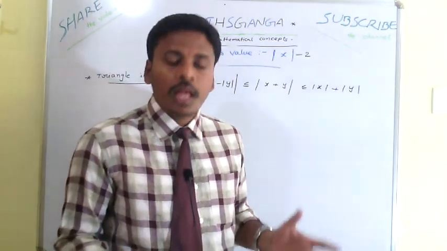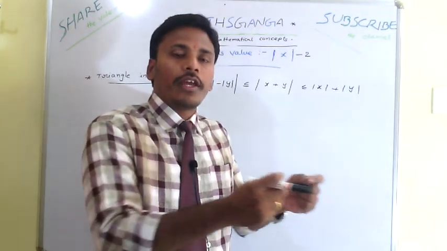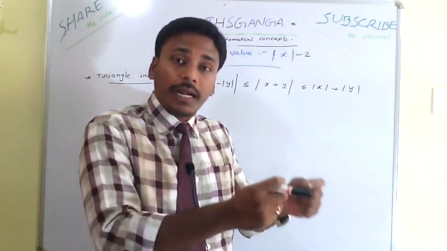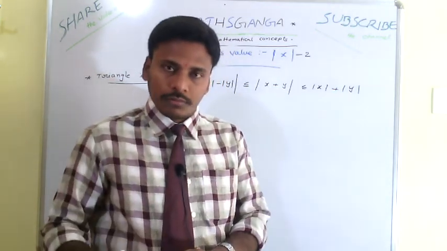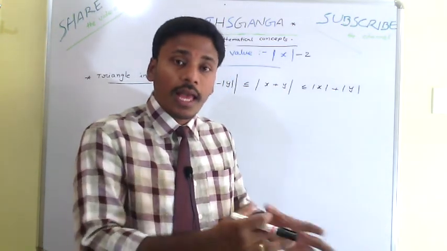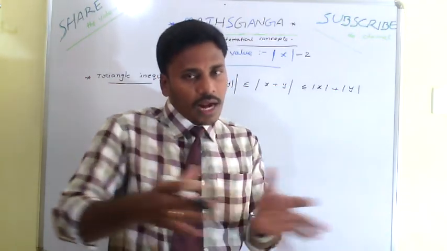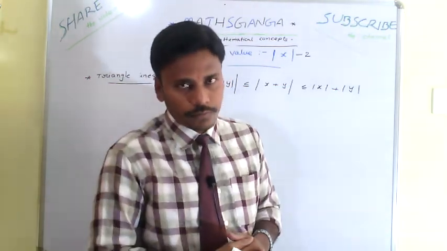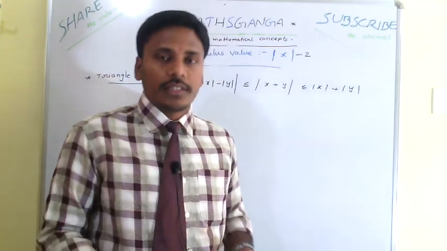See, the modulus function works like a sign adjuster. If you give a positive input to the modulus function, it multiplies the positive input with the plus sign and the result is positive. Whereas if you give a negative number to the modulus function, it multiplies the negative input with the negative sign and results in a positive value. If you give 0 to the modulus function, it results in 0 itself.